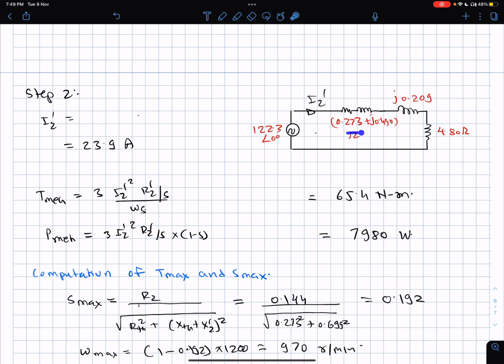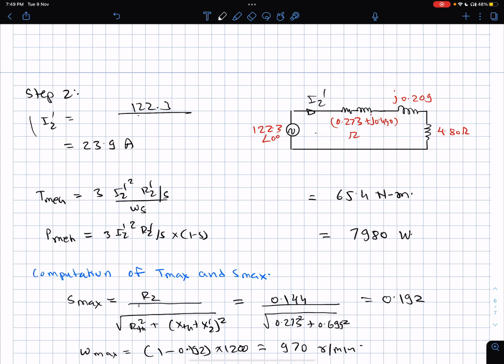This is now the I2 dash which we need to calculate, and this will turn out to be 122.3 divided by this resistance plus this resistance and this reactance plus this reactance, put in the denominator, and then the magnitude of it.